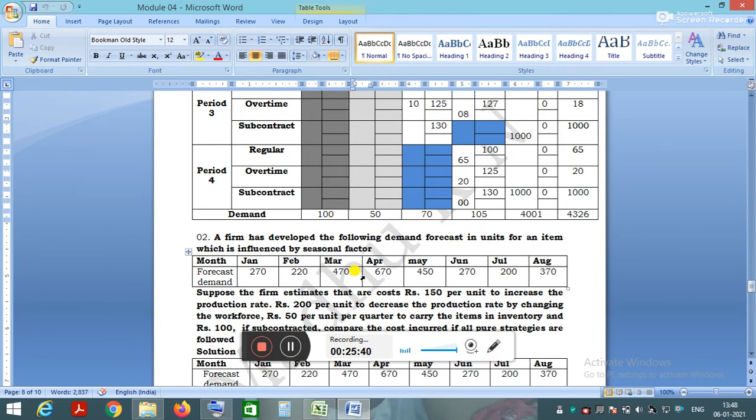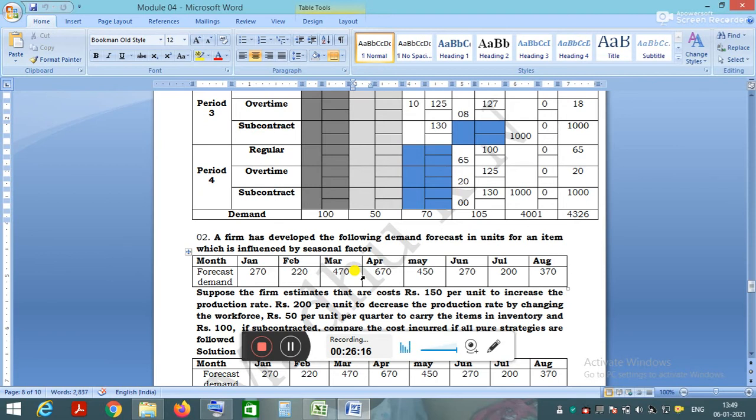Now suppose the firm estimates that the costs are 150 rupees per unit to increase the production rate. Since it is a seasonal variation, if the production rate is increased, for example, for the month of January the capacity of the company is 200, and in January 270 products were required.